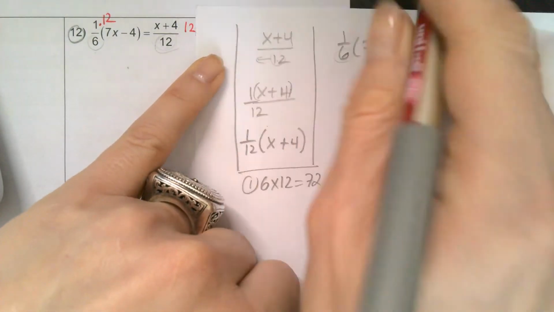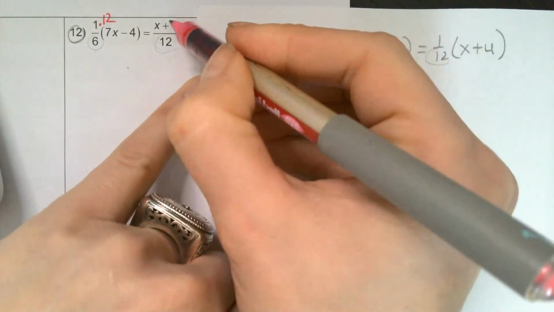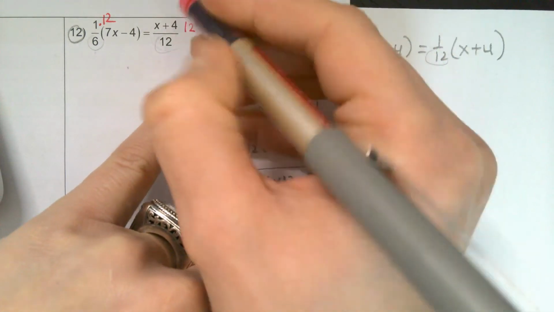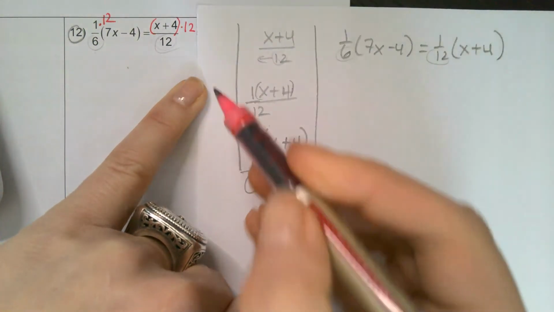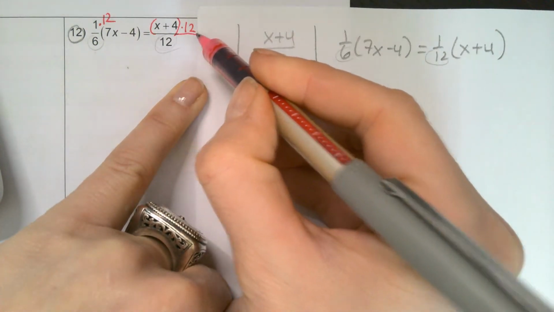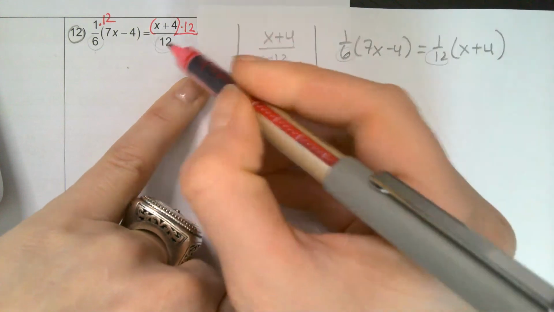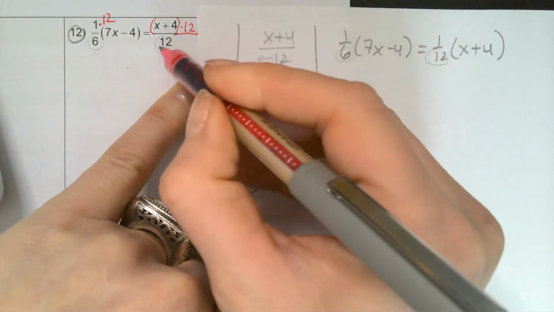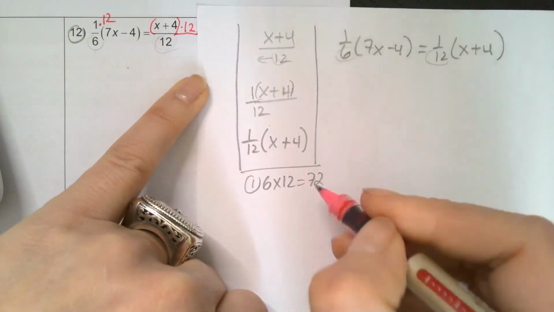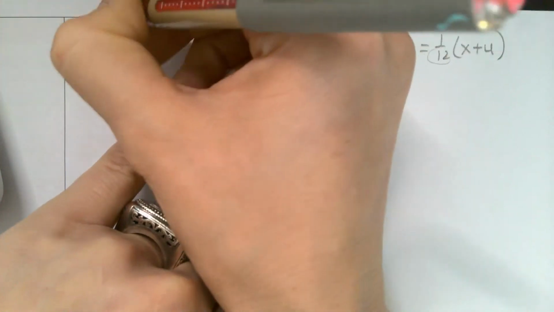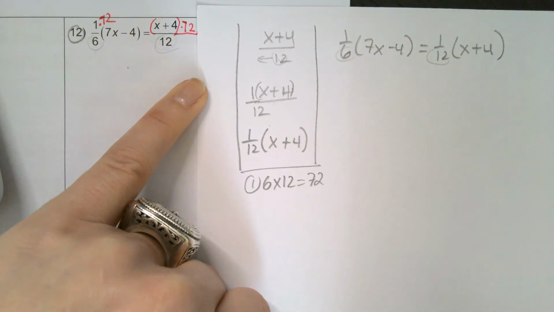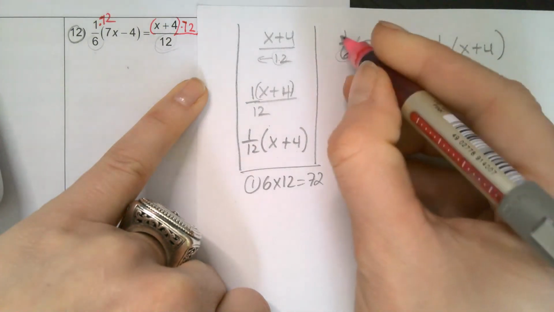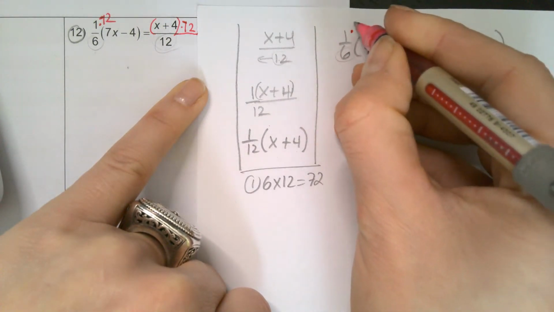So what I'm going to do is I have to say all of this divide by 12. So I'm going to put brackets around it, just like that. Okay, and I'm going to extend the line just a bit. 12 divided by 12 is? Oh no, it's not 12. It's supposed to be 72. Oops, put a 7 there. Change it to a 7. Okay. Now here I have to multiply both fractions by 72.